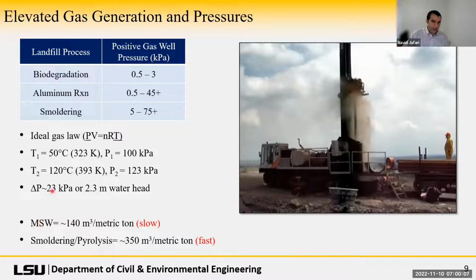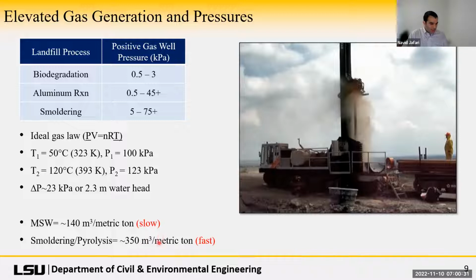On the other hand, if you look at processes such as smoldering, combustion, pyrolysis, all of us have cooked, grilled outside. We know that smoldering and pyrolysis is a much quicker process. And if you look at the literature, it produces about 350 cubic meters per metric ton.